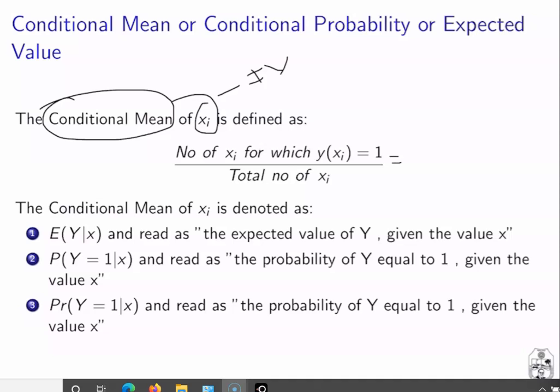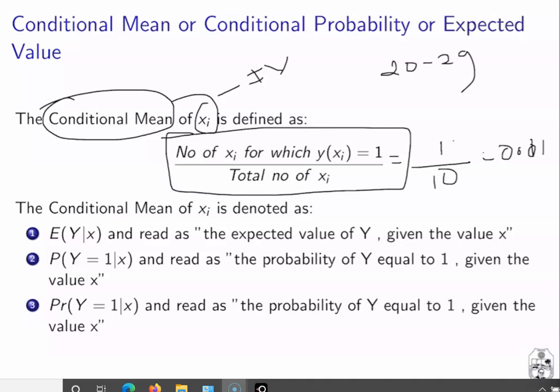So in the case of the 20 to 29 age group, the number of ones present for CHD equal to 1 is only 1, and the total number was 10, and that's why the probability or conditional mean is 0.1. This is the way in which you can define the conditional mean or the expected value.